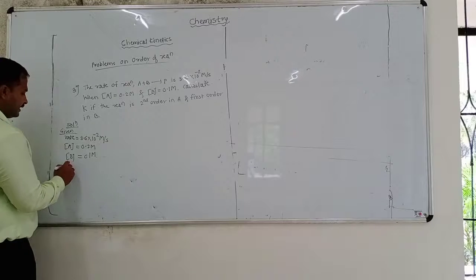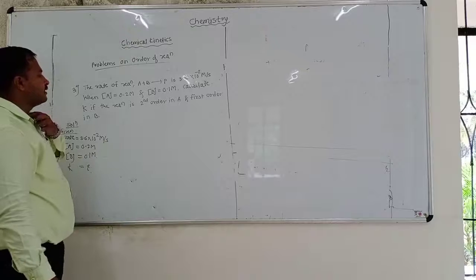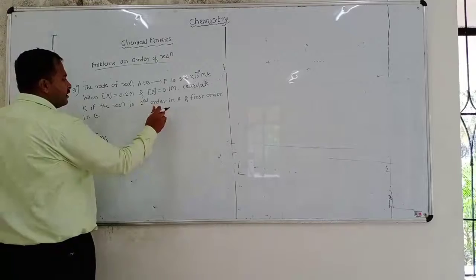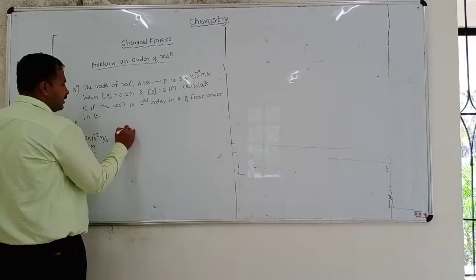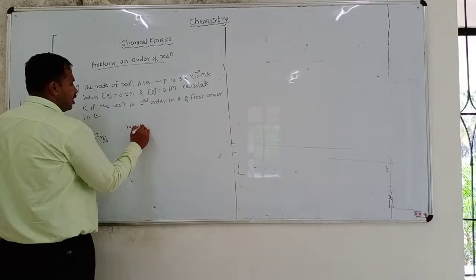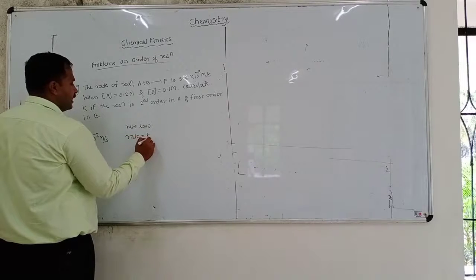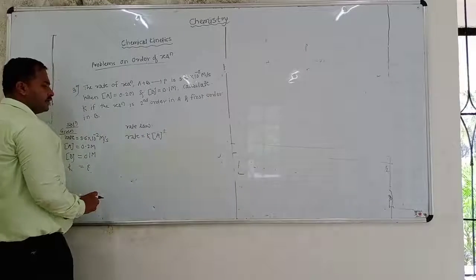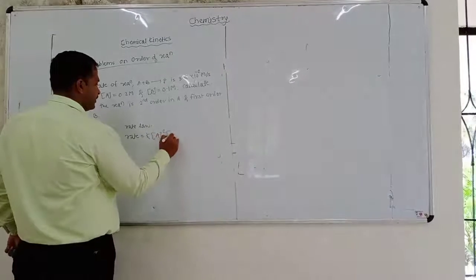Calculate K. If the reaction is second order in A and first order in B, using this information we can write the rate law: rate is equal to K into concentration of A squared, that is second order with respect to A, and first order with respect to B.